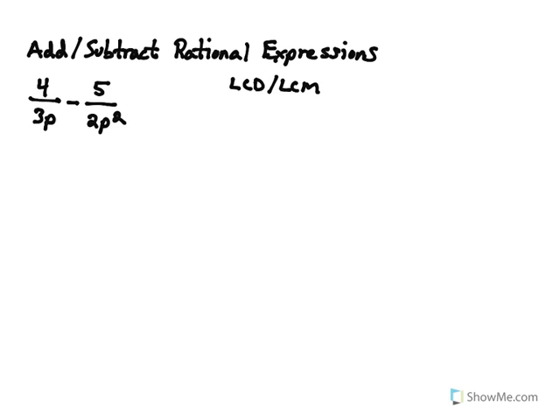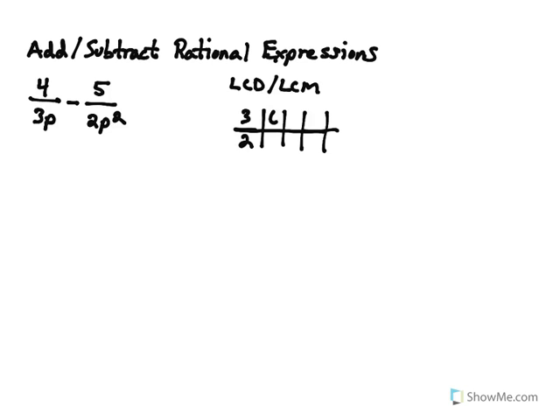You can take the 3, and you can take the denominator 2, and you can literally count by multiples of these two individually, and you identify the number that appears in both rows first, and that gives you your common multiple or common denominator.